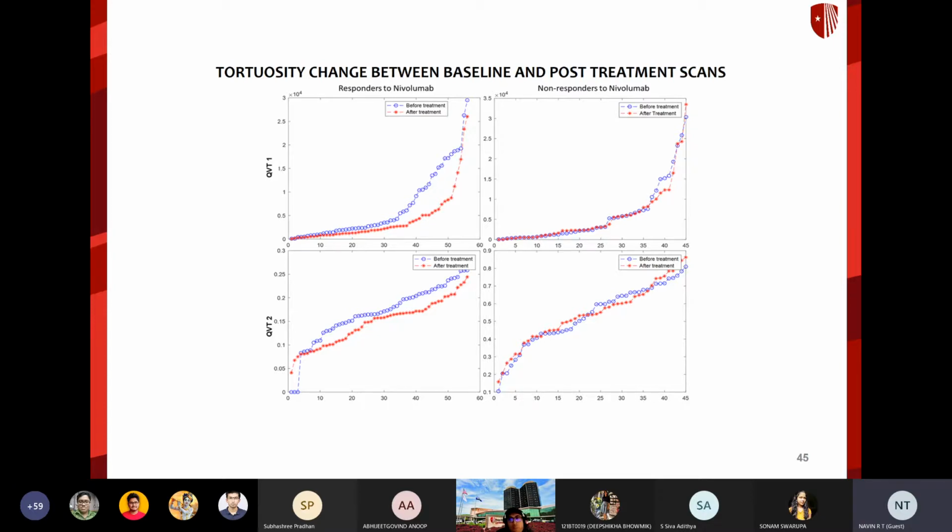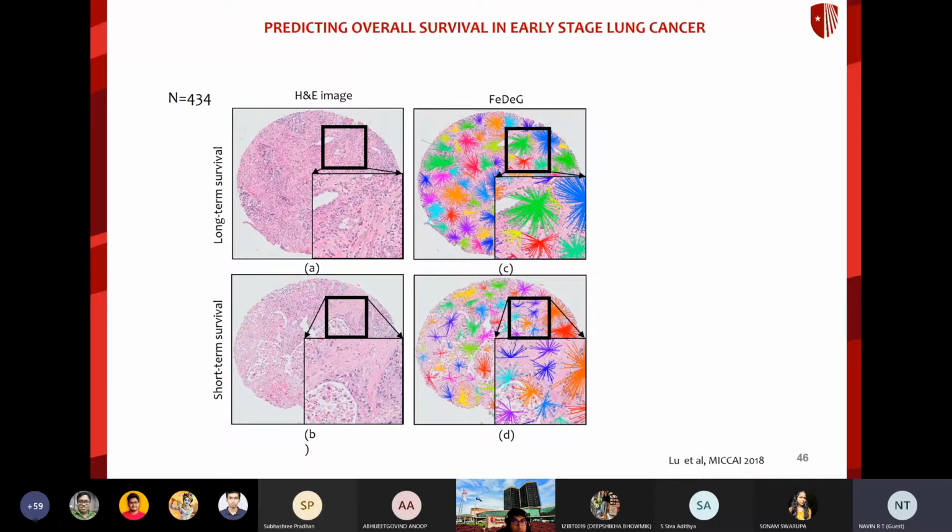Now, finally, here's an example of a histomorphometric feature that can be used to quantify the interaction between different groups of nuclei. This was a project where we sought to predict patients with long-term survival and short-term survival in non-small cell lung cancer. So we first segmented the nuclei and then used a clustering technique to identify local clusters of the nuclei.